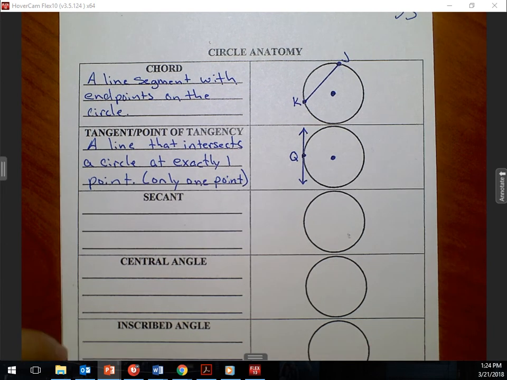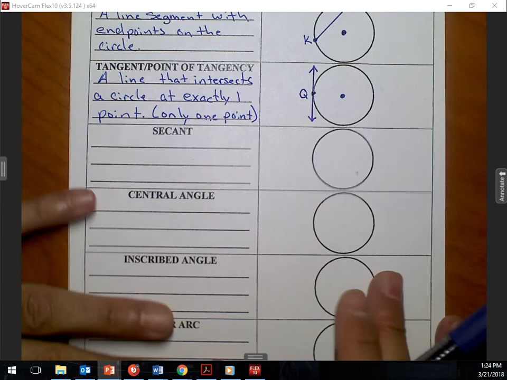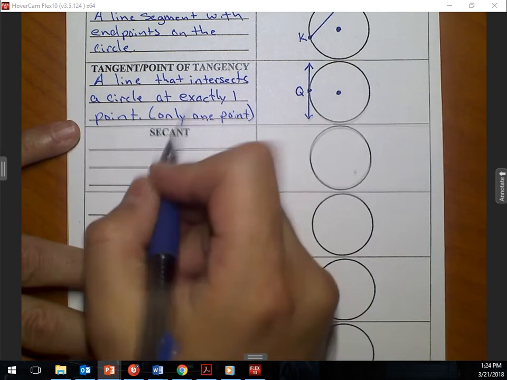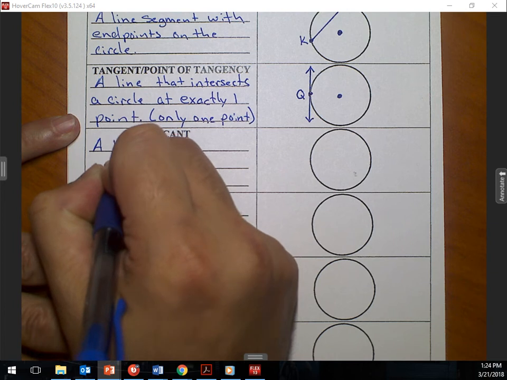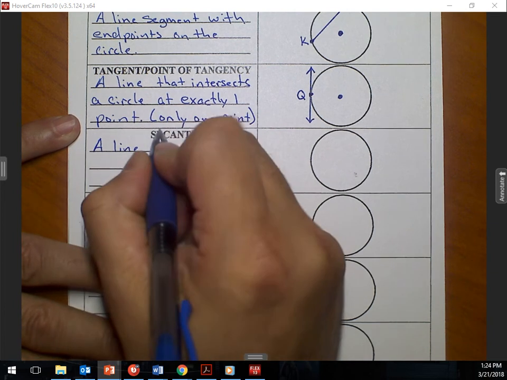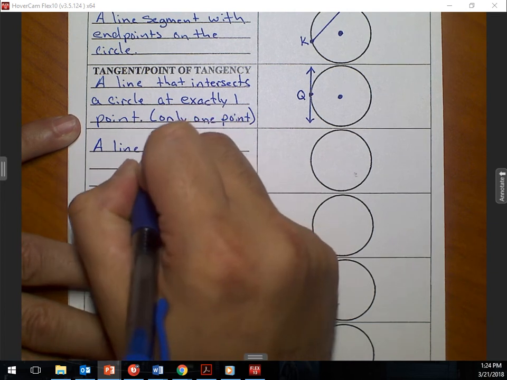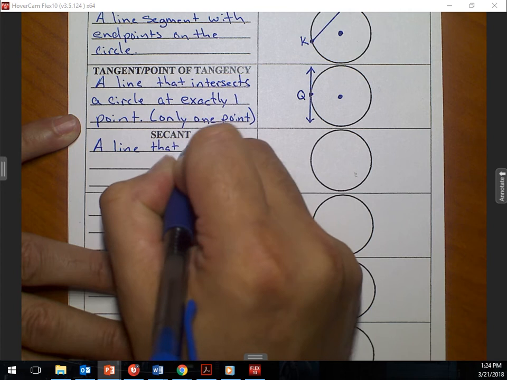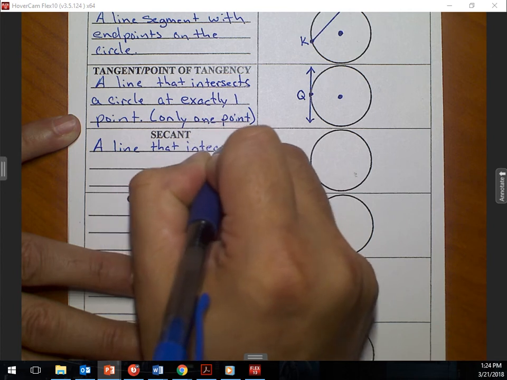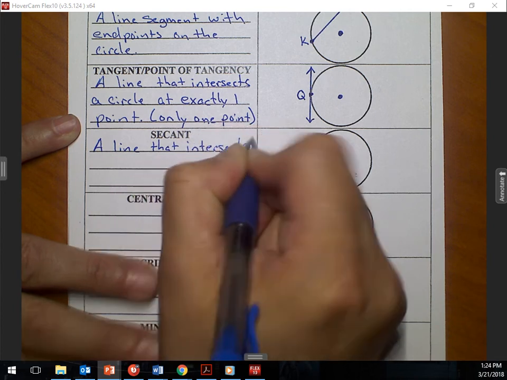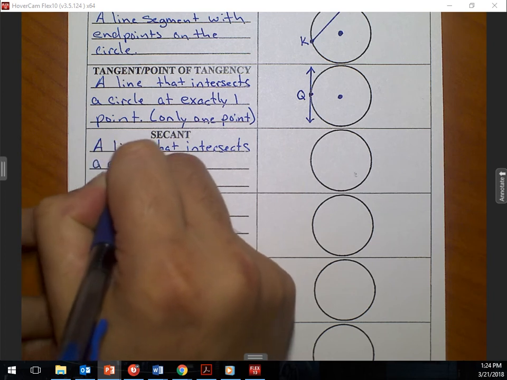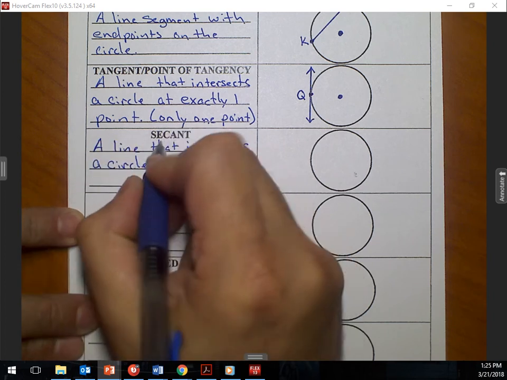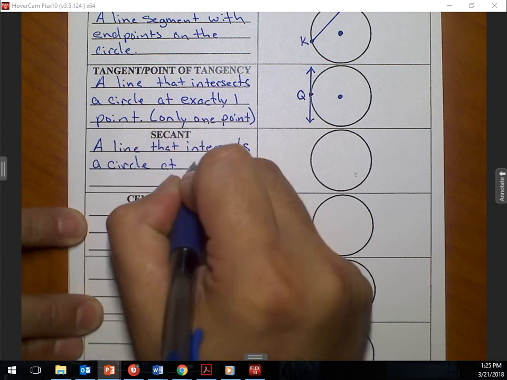Okay, secant is the next one. A secant is a line that intersects a circle at two points.